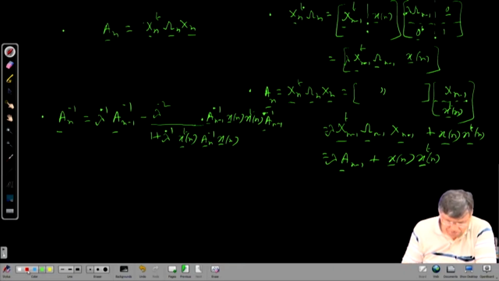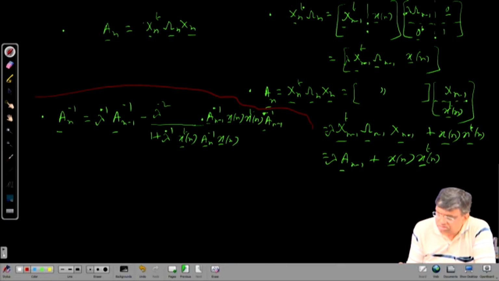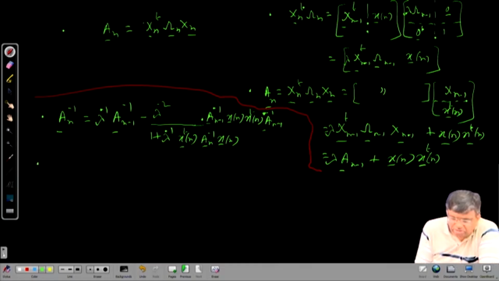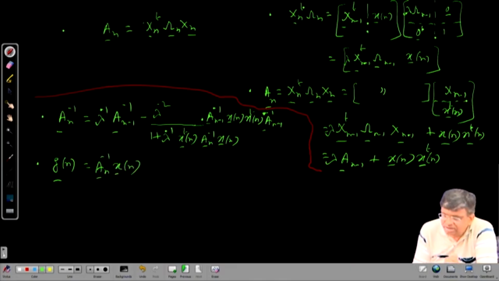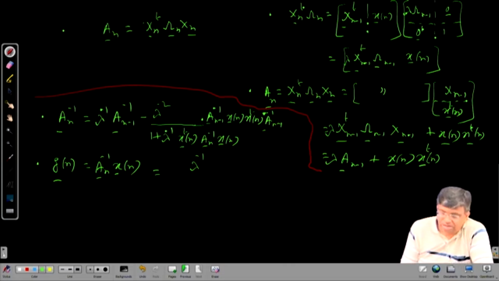Okay, let me draw a line here, so that this is not mixed up with that. All right, this we obtained. Then I defined a vector, gain vector Gn, is A n inverse Xn, and this turned out to be this. We worked out, I am not going to re-derive things, I am just quoting the result.